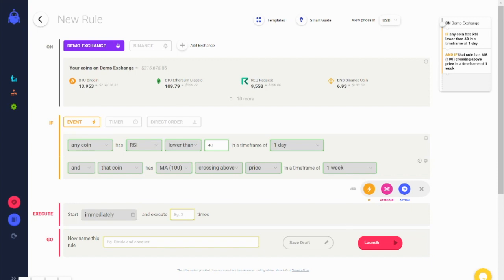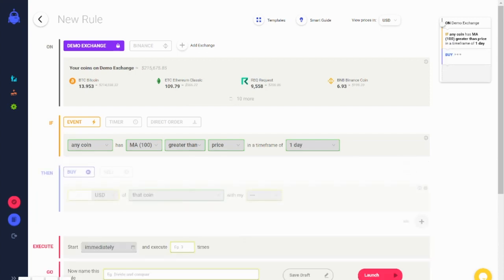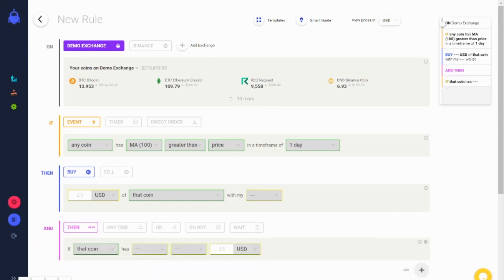If you want to protect your portfolio in times of a downtrend, you should first identify the right market conditions to optimize your strategy. For example, if the MA100 is greater than the price on a daily time frame, then you could sell on short-term price rallies and buy back at a lower price.